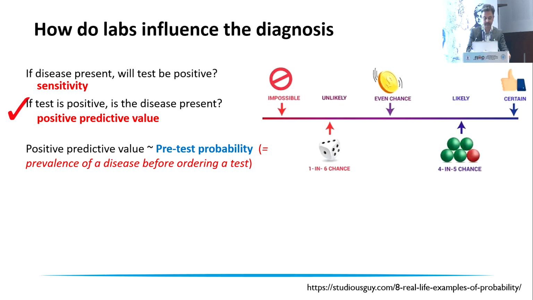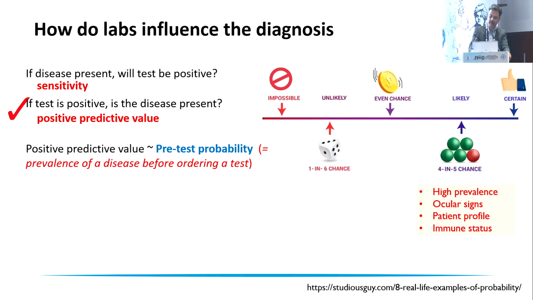So this figure basically tells you that in the middle is when you are like 50-50; the disease could be present or not present. On one side are different grades of when you're not sure if the disease is present, and on the other side, when you're very sure that the disease is present.